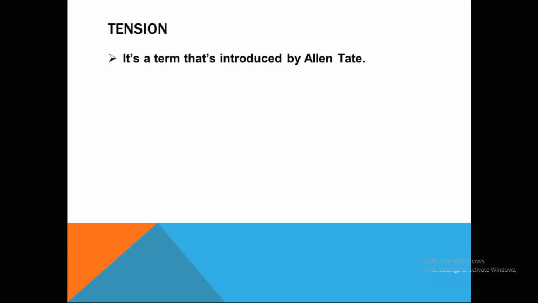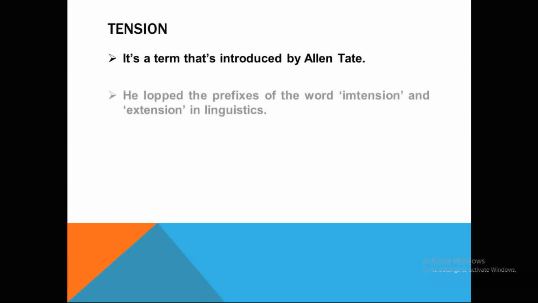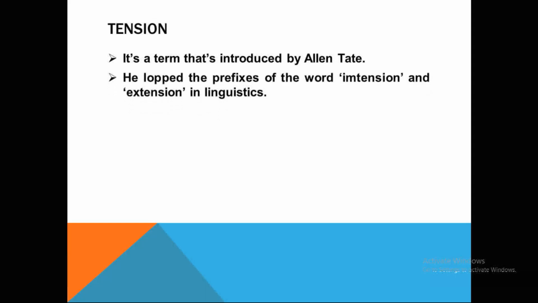It's a term that's associated with Allen Tate. And what is tension? Tension is a word derived by Allen Tate by lopping off the prefixes of the two words extension and intention in linguistics.